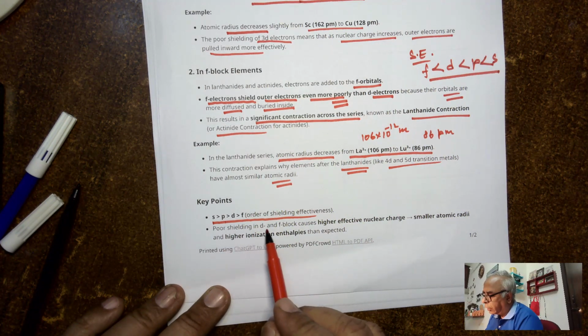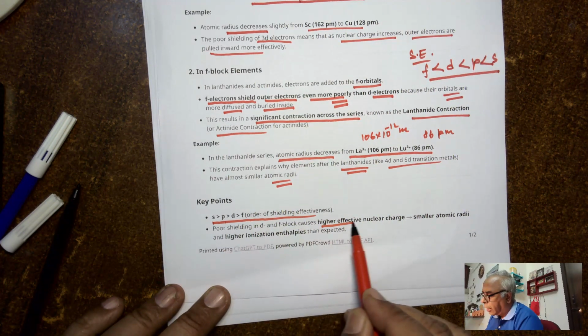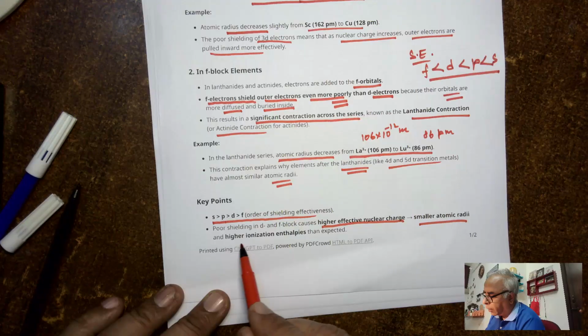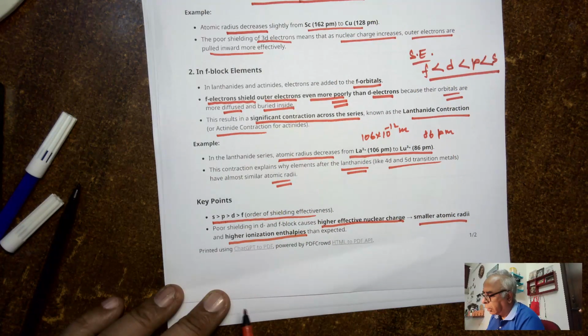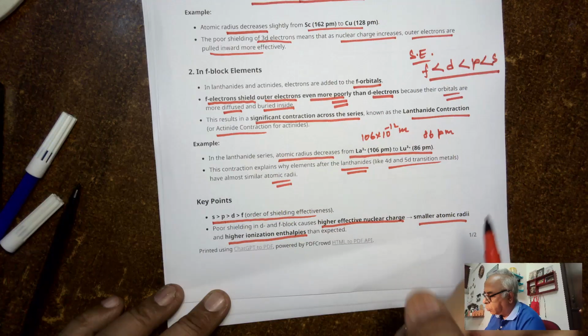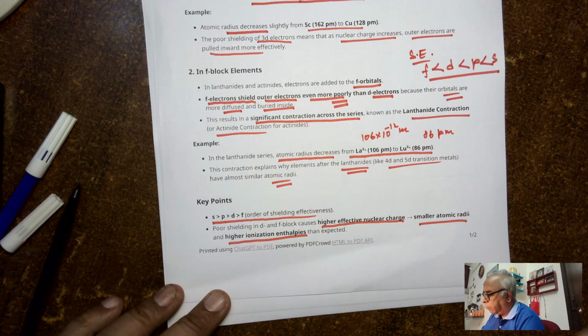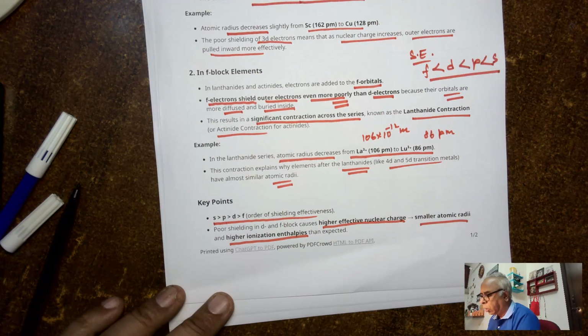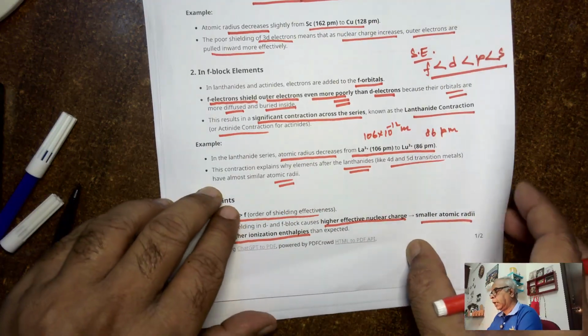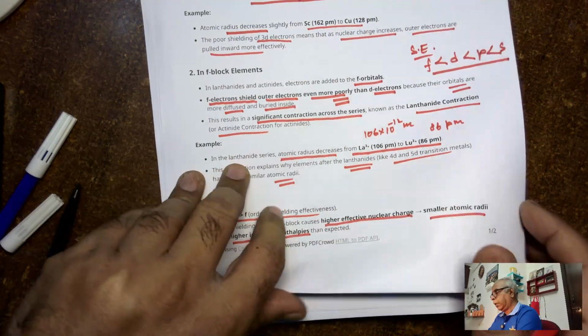So poor shielding effect in d and f causes a higher effective nuclear charge that results in smaller atomic radius, and that is responsible for higher ionization enthalpy. Naturally, when the atomic radius reduces, it takes more effort to lose the electron or to become the ion, and that is why ionization enthalpy is higher here.